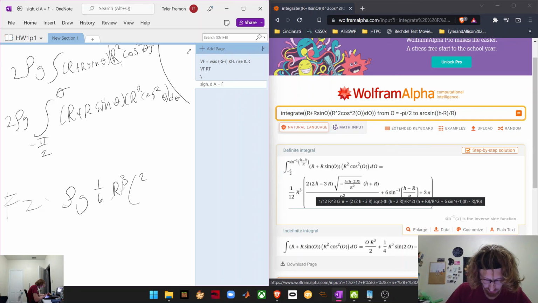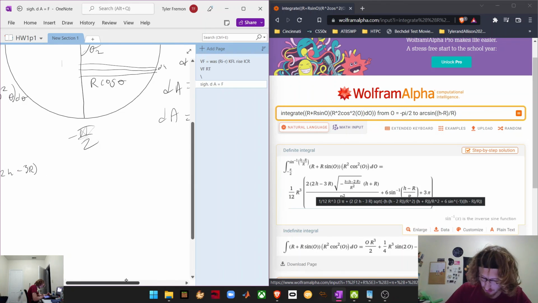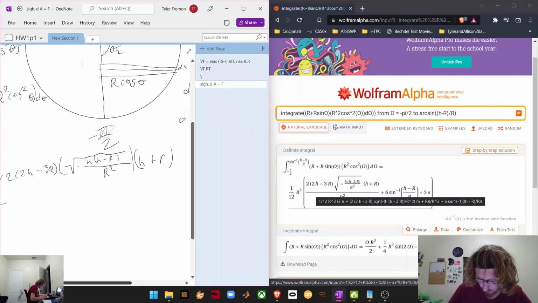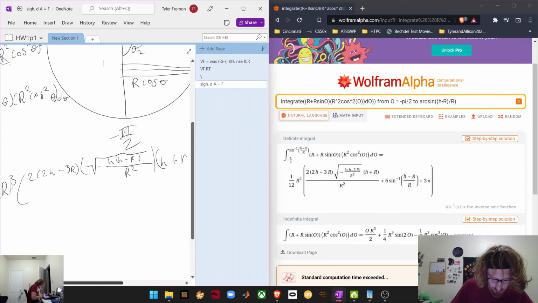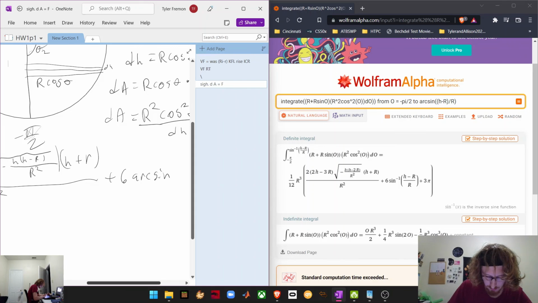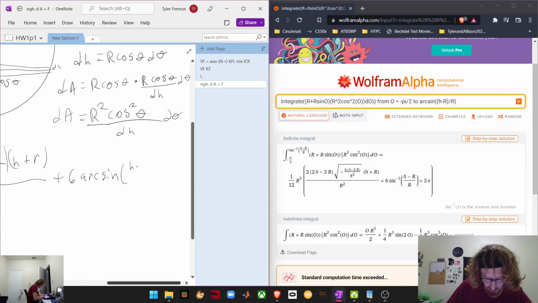And then we have 2h minus 3r times the square root of negative h times h minus r over r squared, times h plus r, all over r squared, plus 6 arcsine of h minus r over r, plus 3 pi.